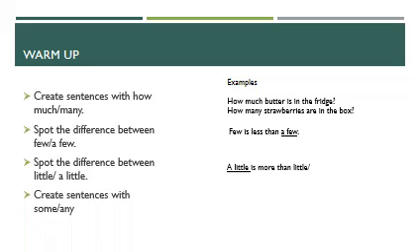Create sentences with some or any. We mentioned before that some is used for countable nouns in plural and uncountable nouns in affirmative sentences, and any is used for countable nouns and uncountable nouns in negative and in question form. The first example is: there are some oranges in the pot.